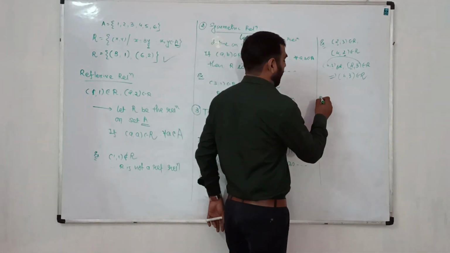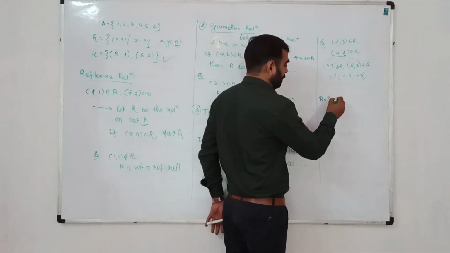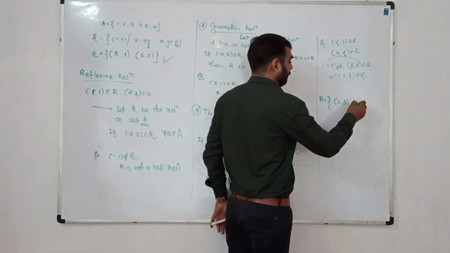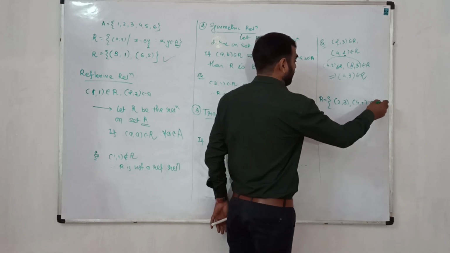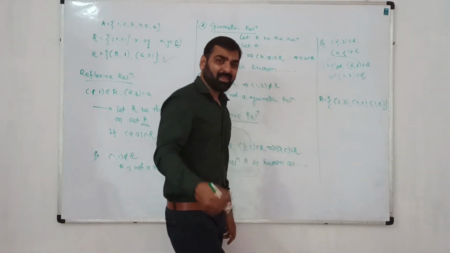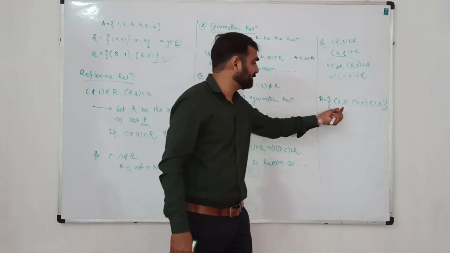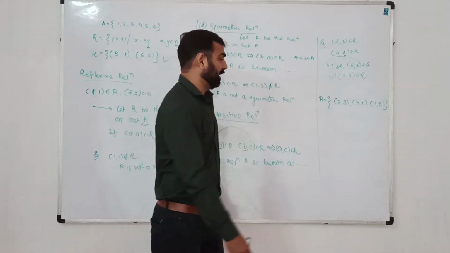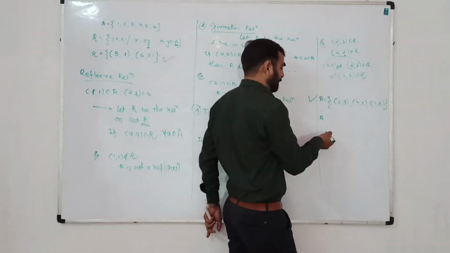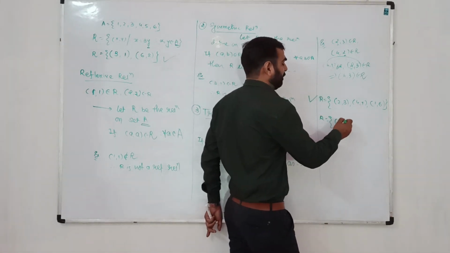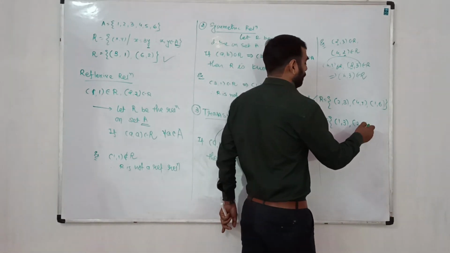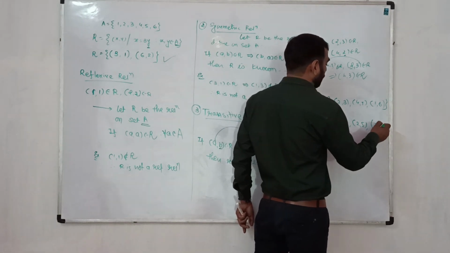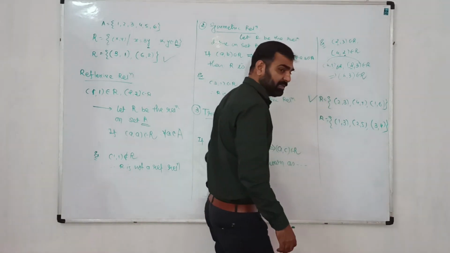If I write R, suppose R is equal to (2, 3), (4, 5) and (1, 6), is it transitive? Yes, it is transitive because no element is repeated. But here, take (1, 3), (2, 4), (2, 5), then (3, 4). Is it transitive?